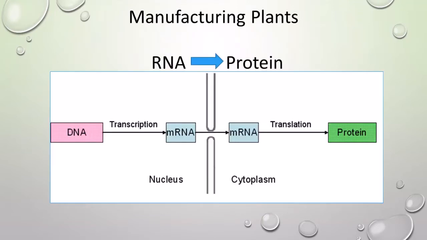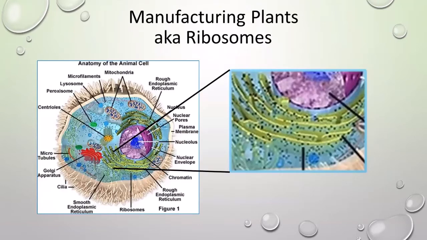Once you go through the transcription into mRNA, it goes out of the nucleus into the cytoplasm, and it gets translated into proteins. For that, you need manufacturing plants, and that's done by the ribosomes. I think the ribosomes are one of the two most complex organelles in the cell.